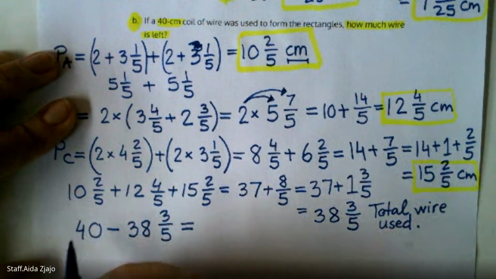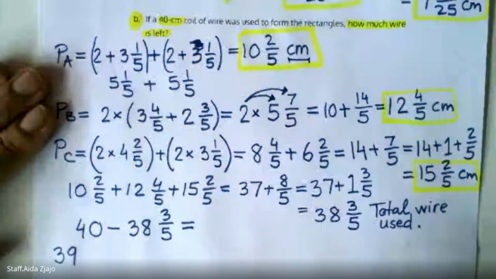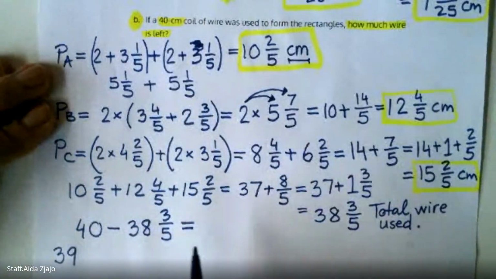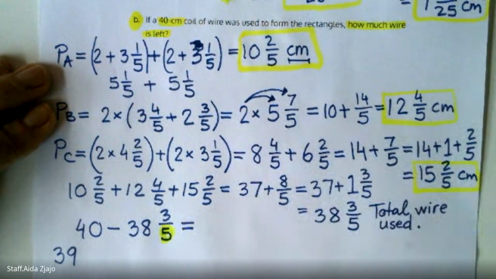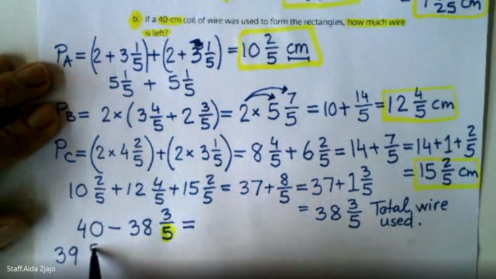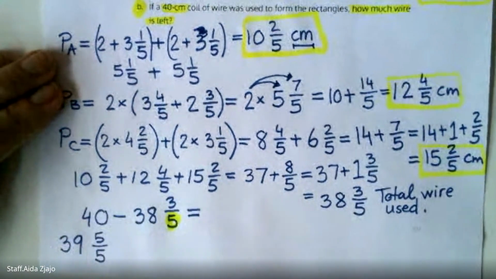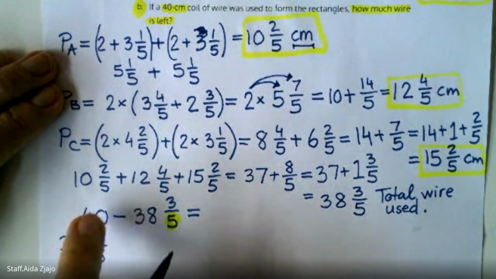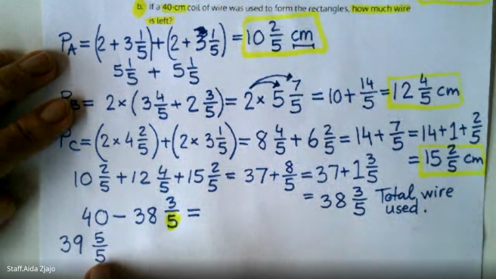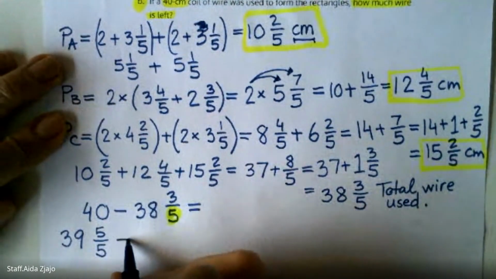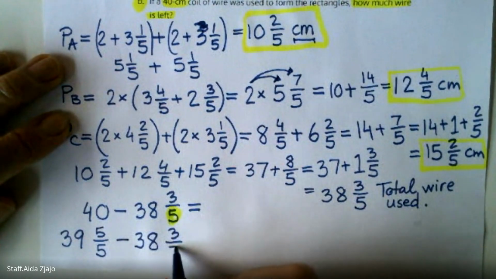I will leave 39 whole centimeters, and I will take 1 centimeter to turn into fifths, because this is the key. We needed to have fifths. So 5/5 is the whole. This is also 40, because 39 plus 1 more is 40. I did not lose any, I just regrouped, so I can subtract 38 wholes and I can subtract 3/5.